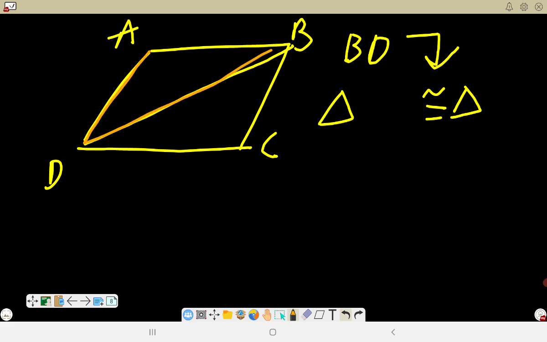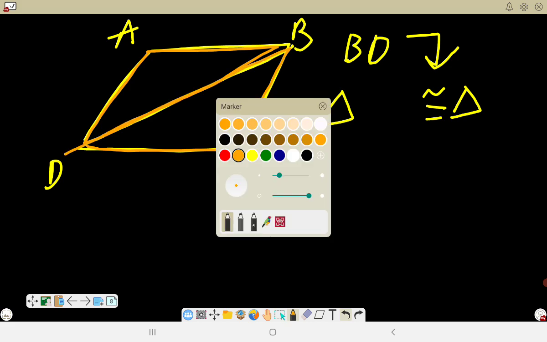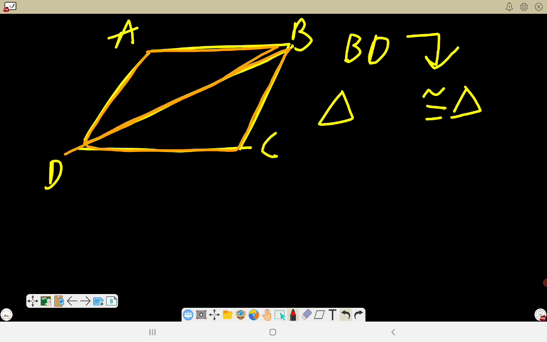One is ADB and the other is BDC. Is this clear?